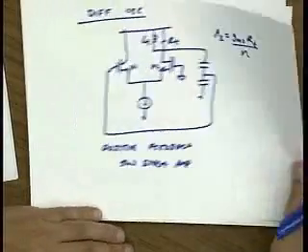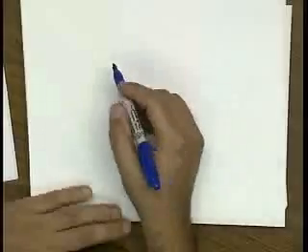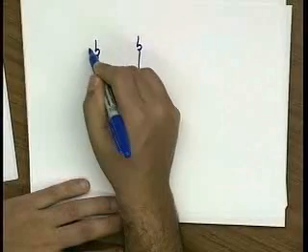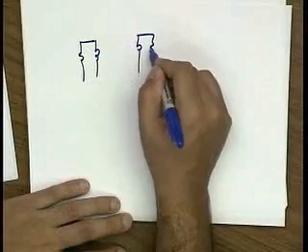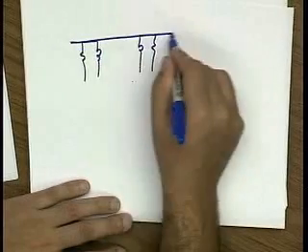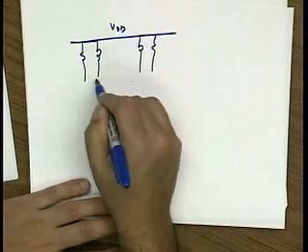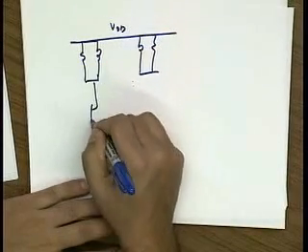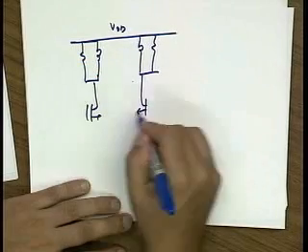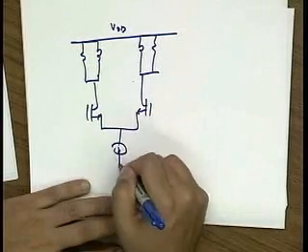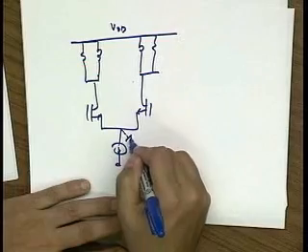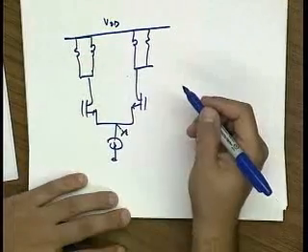So let's do that. What I can do is have two tanks. Connect this to VDD. And I can have my diff pair as before. This is a virtual ground for differential excitation.